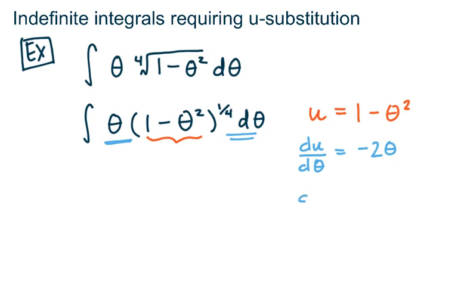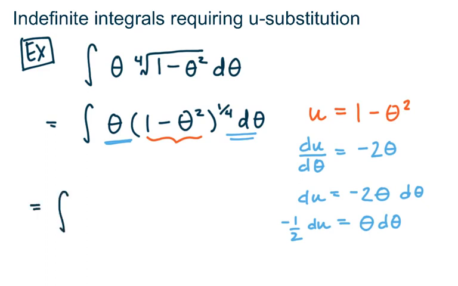So this would be the same as du equals negative 2 theta d theta, if I multiply by d theta. And then I could divide by negative 2, so negative 1/2 du equals theta d theta. So now that I've done that, I can perform my substitution.